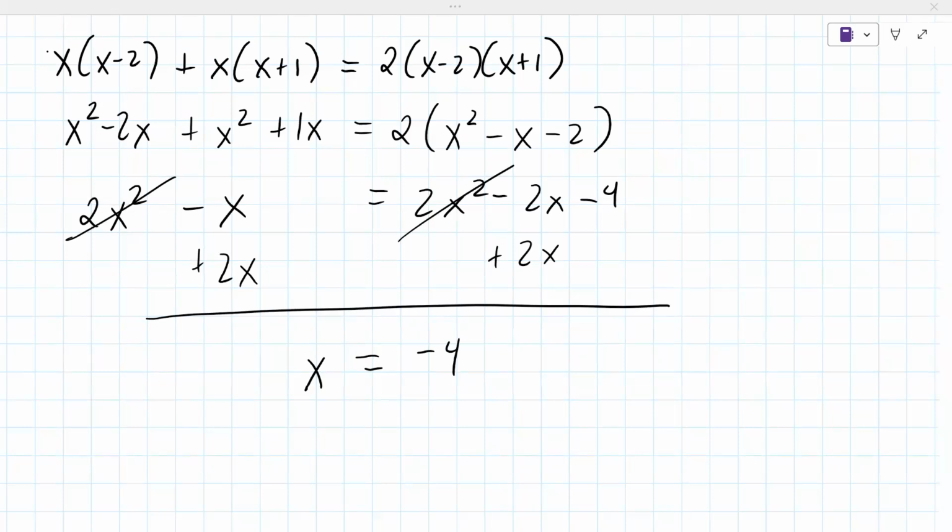All right, I got x equals 4. Should be -4. The two x squareds cancel. And then when you add the negative 2x, you get the 1x on the left. Oh, that's why.